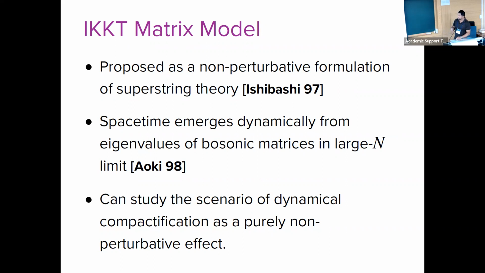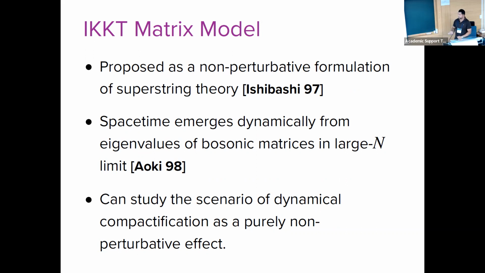This model contains n by n bosonic matrices, and there are 10 such Hermitian matrices. In the large n limit, when n goes to infinity, the size of the matrices becomes infinite, and space-time should emerge dynamically from the eigenvalues. That is the idea. Space-time has a certain number of large dimensions and a certain number of small, compactified dimensions.